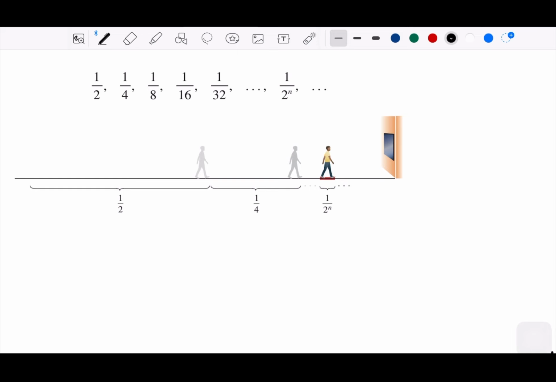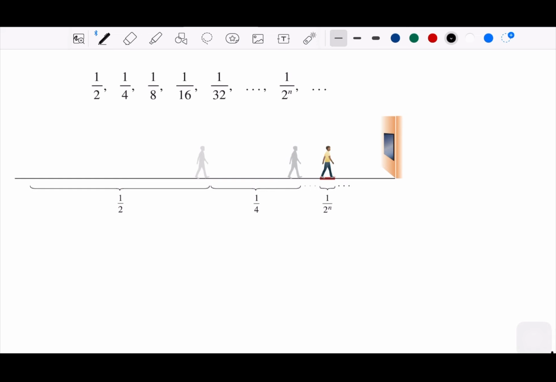So you go 1/4, and similarly, you go 1/8, 1/16, etc. The question is, can we see the man touching the wall? No. If you imagine it in reality, probably not. It's a popular paradox.